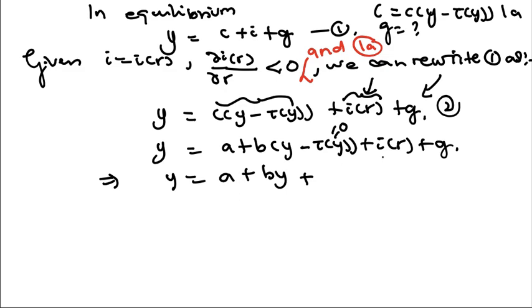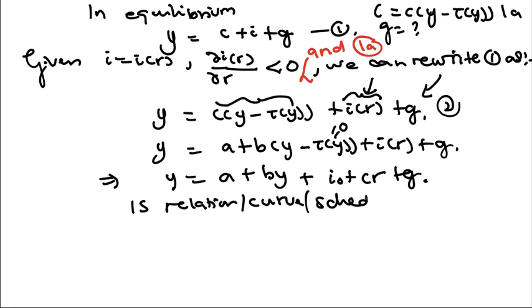So here I specify it as I naught plus, not B, because we already have B, plus cR, the coefficient of interest rate here, plus G. If you rearrange it, then you can get the IS relation or curve or schedule.